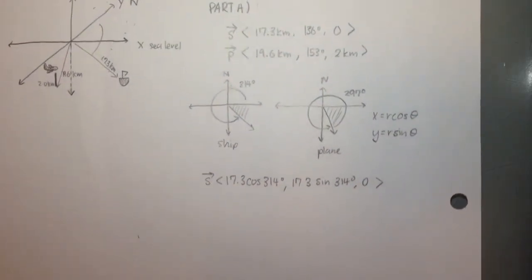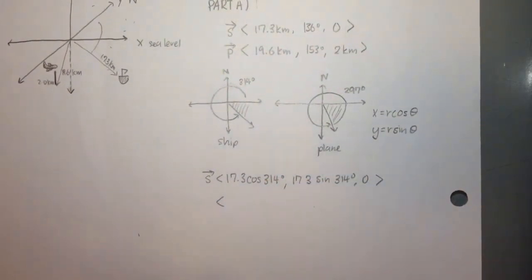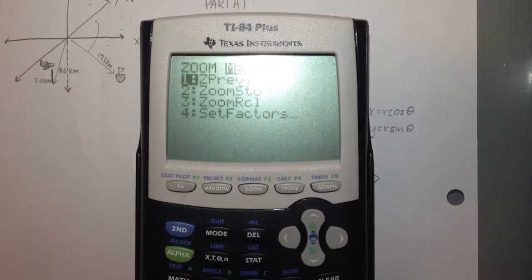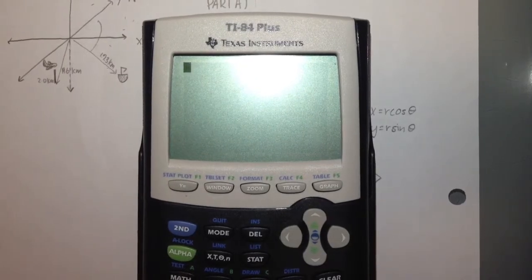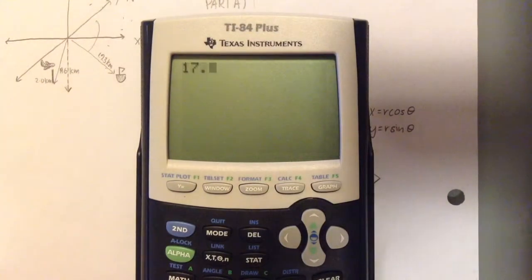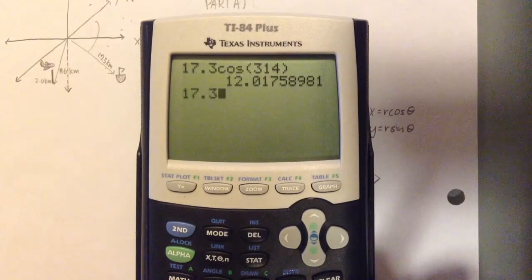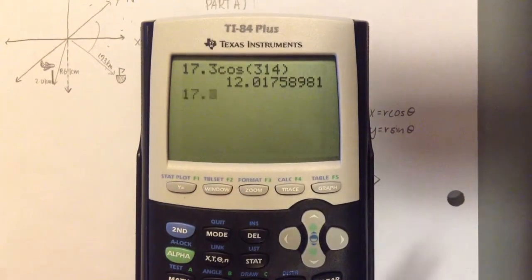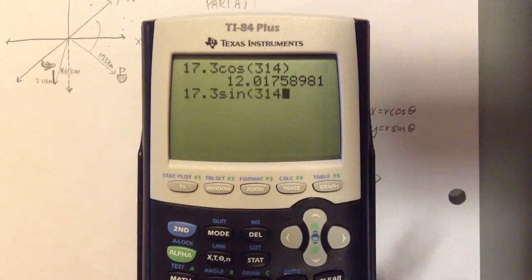All right, so if we put that in our calculator, what are we going to get? It's going to be 17.3 cosine 314 and 17.3 sine 314.